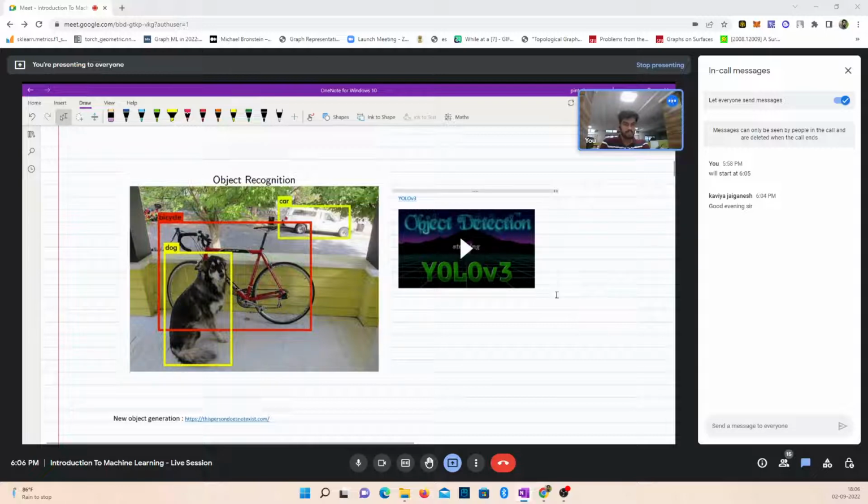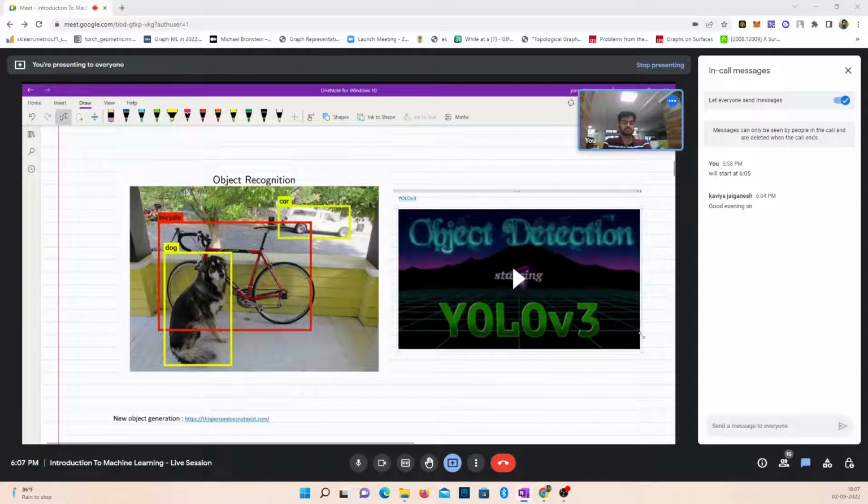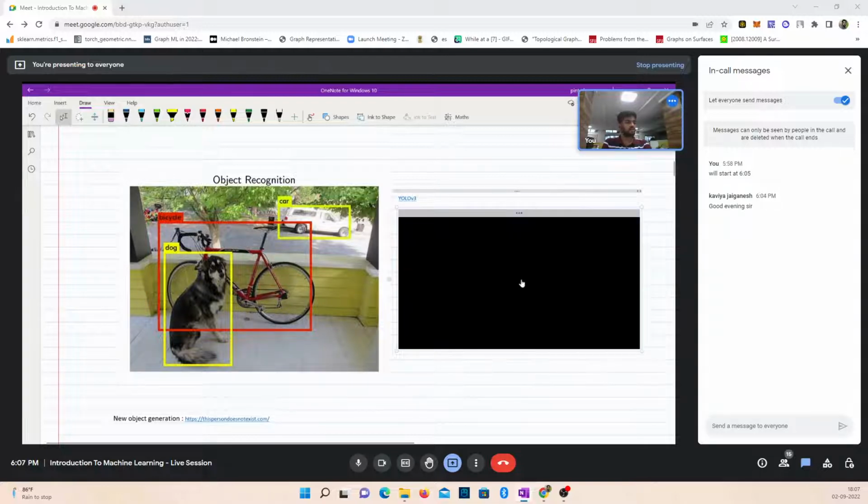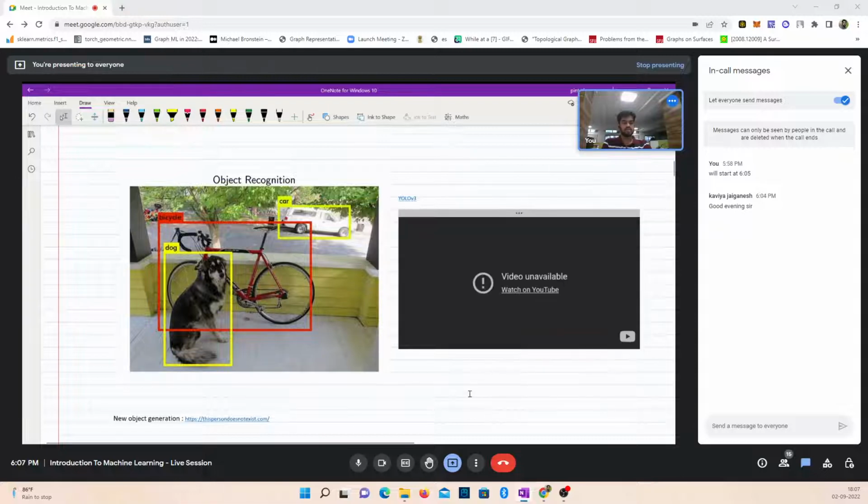This is a framework called YOLO. YOLO's full form is You Only Look Once. It is an object recognition algorithm based on CNN, and it looks at the object only once and tries to predict what the object is. I'll just play a video to motivate this example.